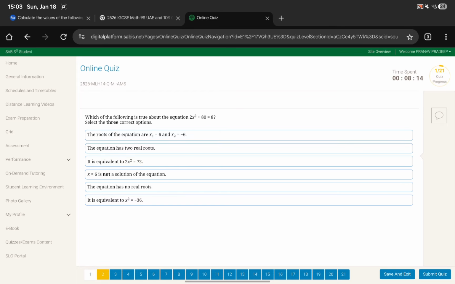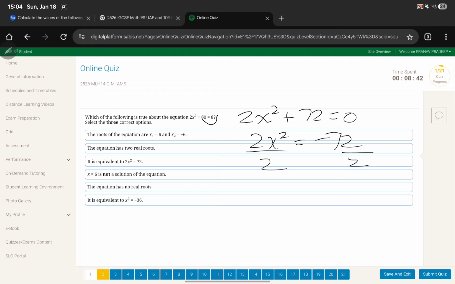Which of the following is true about the equation 2x squared plus 80 equals 8? Now be careful, this is not a quadratic formula problem, you just have to simplify. Bring 8 to this side, and that becomes plus 72 equals 0. Then 2x squared equals negative 72. Divide by 2 on both sides, and that gives you x squared equals negative 36.